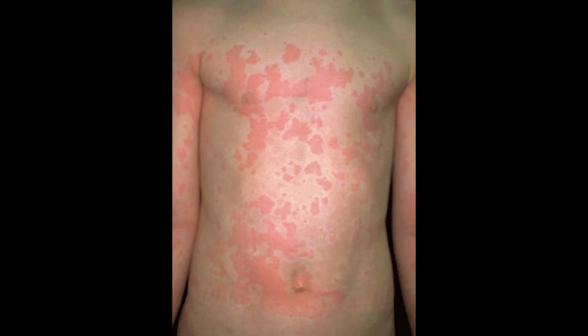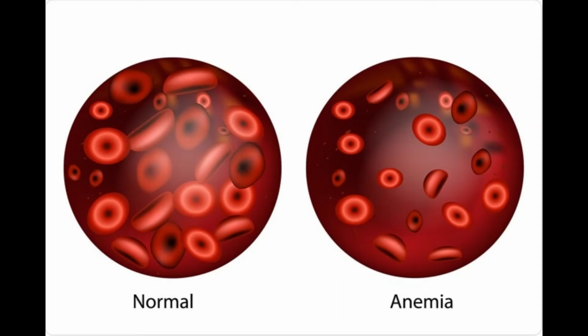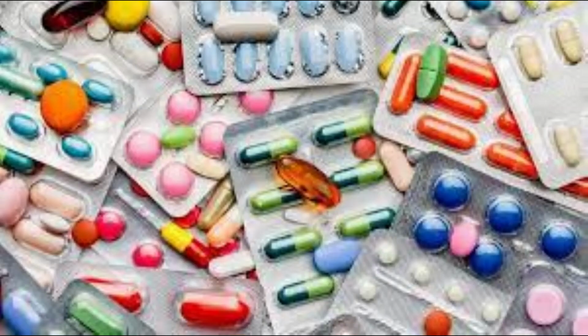Anaphylaxis can cause breathing problems, itching, and a dangerous drop in blood pressure. A lack of the vitamin B12, folate, and iron, which can keep the body from producing enough red blood cells, that is anemia, can cause low blood pressure. Sometimes a reaction to some medications or alcohol may also lead to low blood pressure.